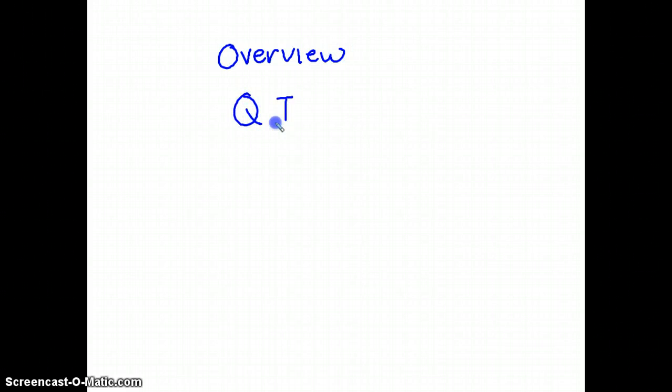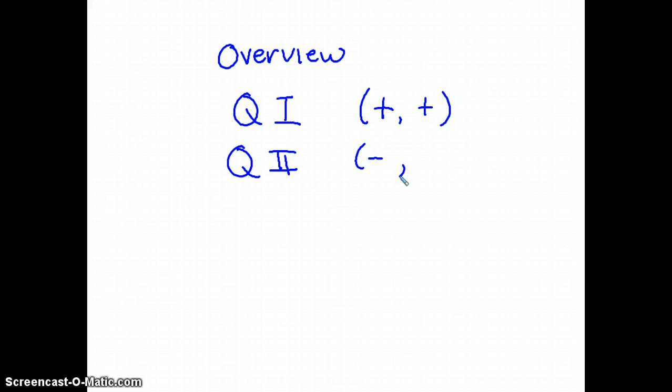So as a short overview, if we are in quadrant 1, that means that you are going to be having a positive x value and a positive y value. So quadrant 2, you will have a negative x value, but you will have a positive y value.